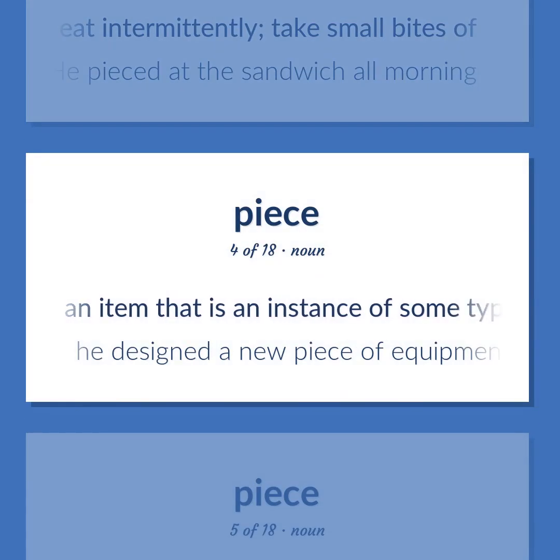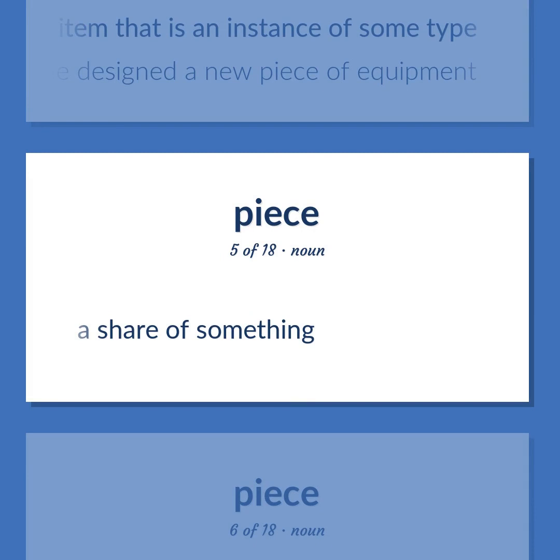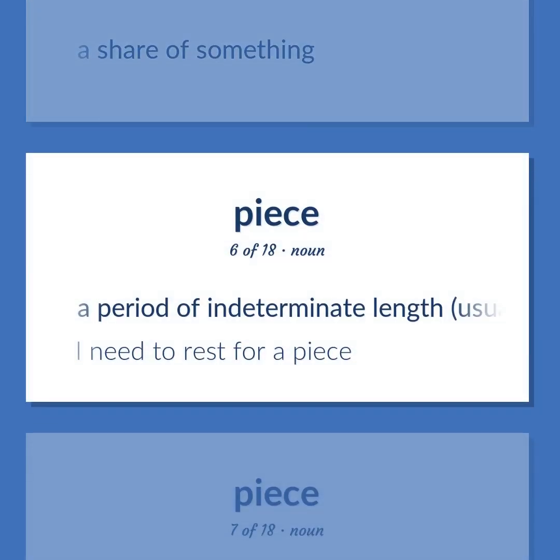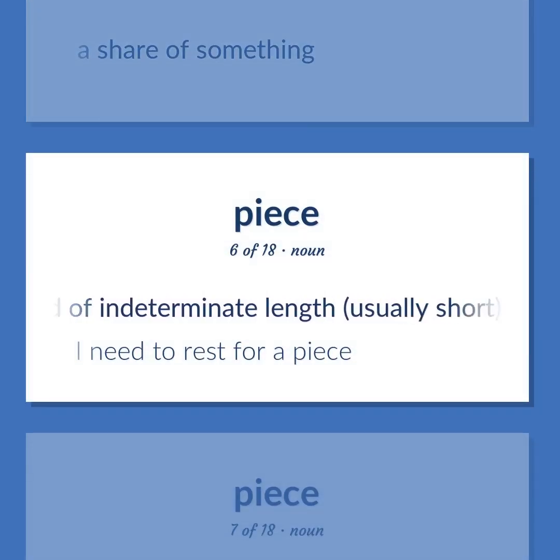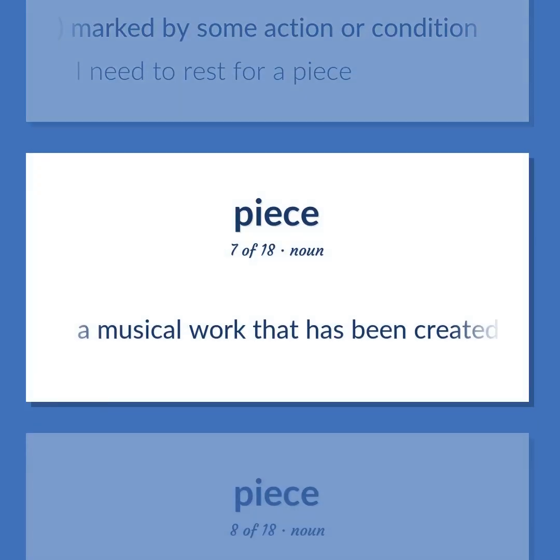An item that is an instance of some type. He designed a new piece of equipment. A share of something. A period of indeterminate length, usually short, marked by some action or condition. I need to rest for a piece. A musical work that has been created.